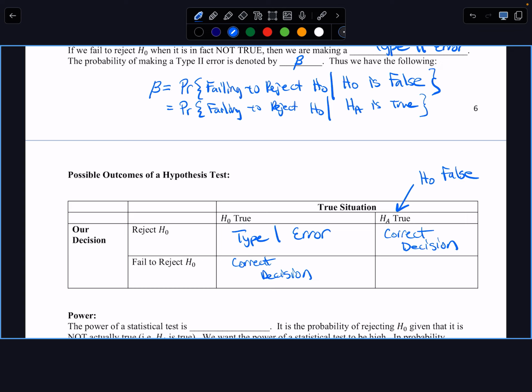So if we don't do that, we've made a type 2 error. And so these are the possible outcomes whenever we do a hypothesis test. We're either going to make a type 1 error or a correct decision when we reject the null, or we're going to make a correct decision or a type 2 error when we fail to reject the null hypothesis.